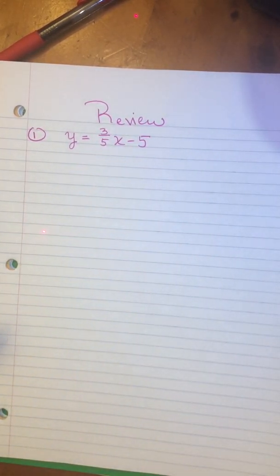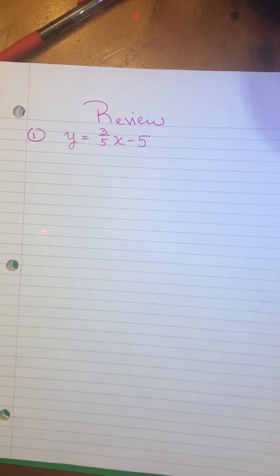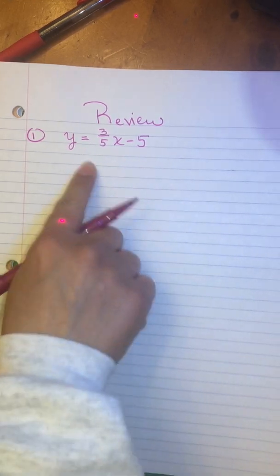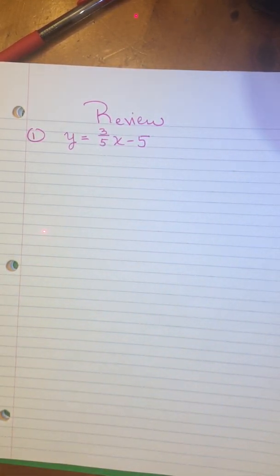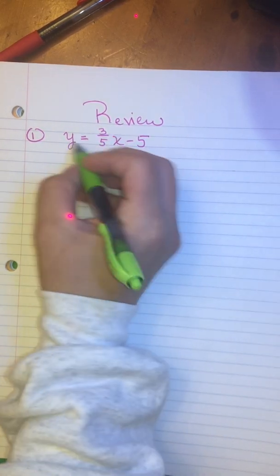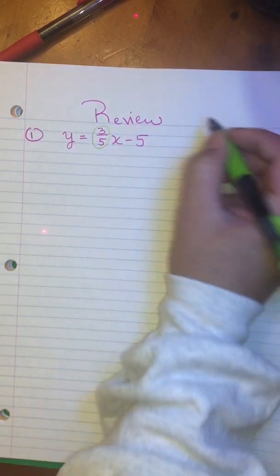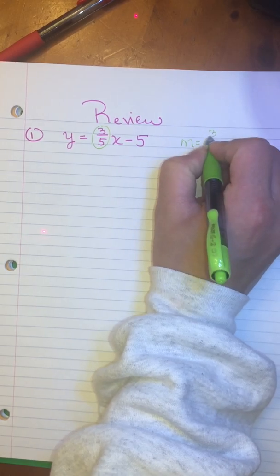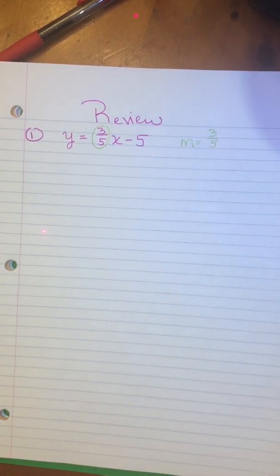And they tell you, find an equation that is parallel to it, or which equation is parallel to it, or which equation is perpendicular to it, or find the parallel slope, find the perpendicular slope, okay? Well, if something is already in y = mx + b, you should be able to tell me the slope of it right away. The slope in this format is always the number next to the x. So you know the slope of this line is 3/5.